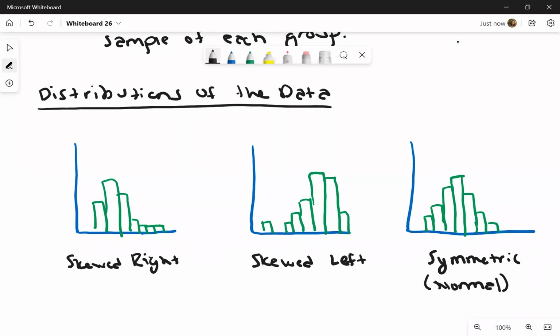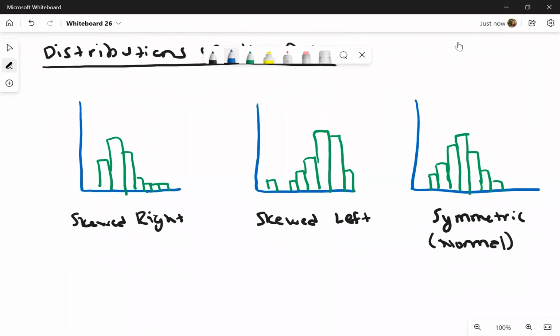Now, what it means when the data skews right is that we have potential data values that are higher than everybody else. So a good example for skewed right data is incomes, because most people are going to make lower, and then you might get a few people that make much higher than everybody else.